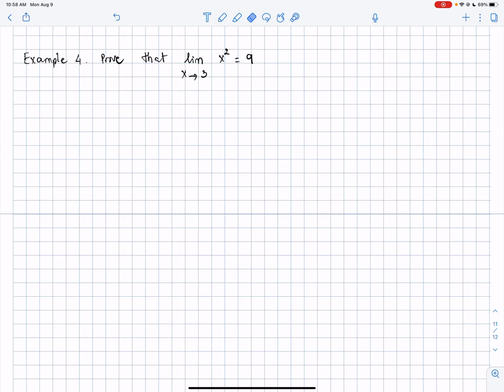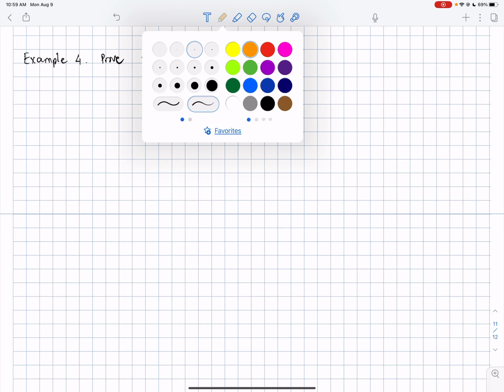Example number 4, we want to prove that the limit of x squared as x approaches 3 equals 9. So this is the two-sided limit. This will be L, f of x is x squared, and a is 3.